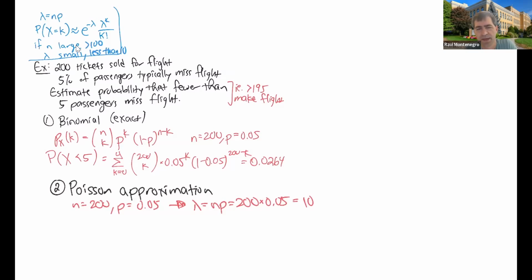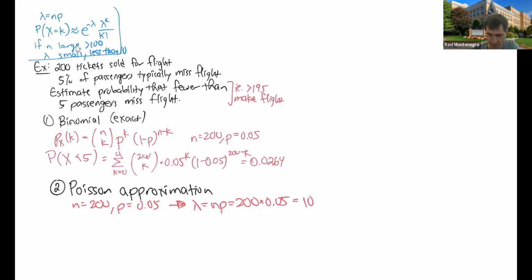So we should expect that the answer is in the rough ballpark, but it would be surprising if, say, the third decimal was correct. If lambda were much smaller, like 1 or 2, then we would expect a pretty good approximation. So maybe if it was around Christmas time and the no-show rate is much smaller, then the Poisson approximation would be pretty good.